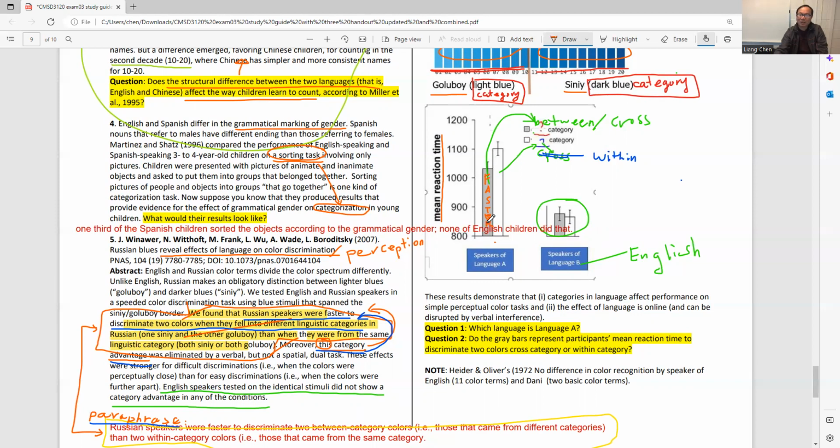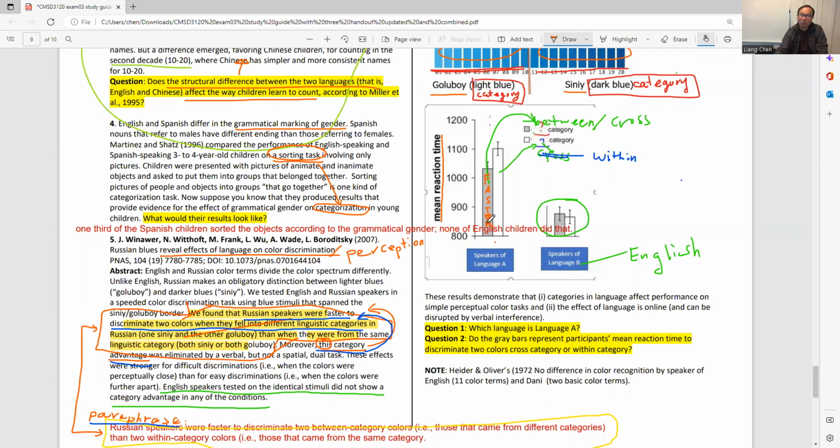Okay, so this is the faster, which means the faster what? Between categories. So if you need to fill out here, this gray should be between category, across category. And then this one is slower, so it is within category. So what we see here is within category for the white column, white bar.